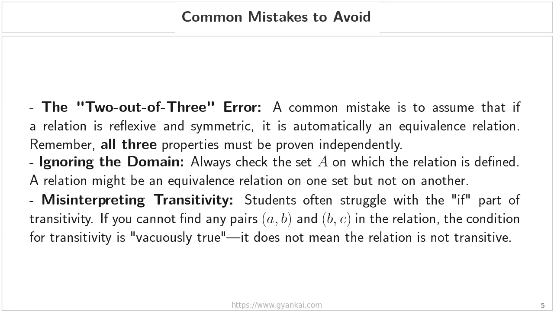Many students struggle with the "if" part of the transitive property. It is important to understand that if you cannot find any pairs (A, B) and (B, C) in the relation to begin with, the condition for transitivity is what we call vacuously true. This means the property has not been violated, so it is still considered transitive. Do not mistake a lack of pairs for a failure of the property.